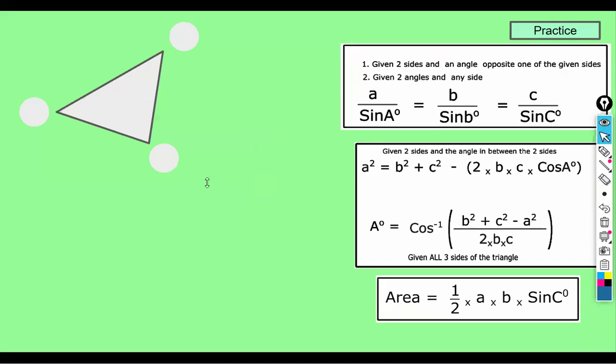Now, remember the rules of using the sine rule. These are the conditions you're allowed to use it. Whether we're trying to find a side or an angle, it all depends on what the examiner asks you to find. He'll make it very clear: find this angle, or find that missing side. But the first thing you need to do is look at the information he gives you and then say, all right, am I allowed to use the sine rule?